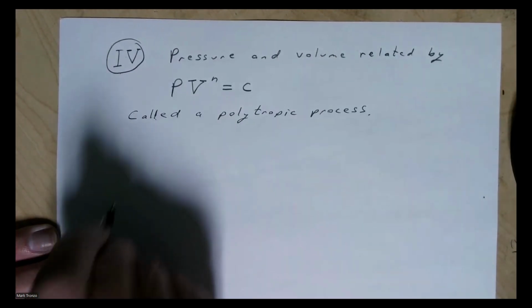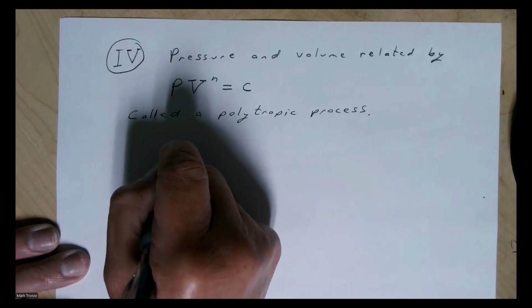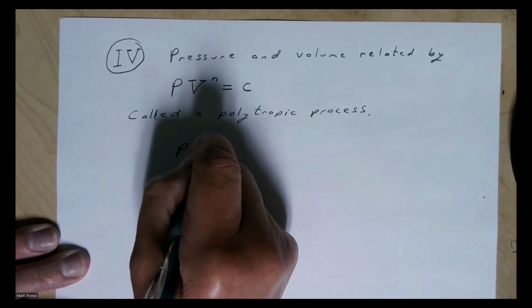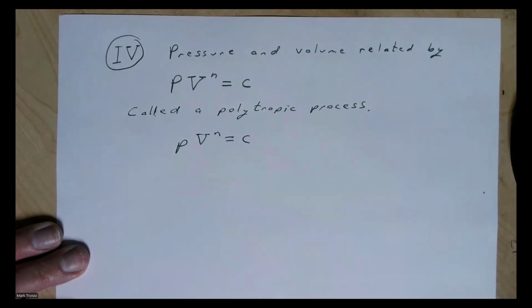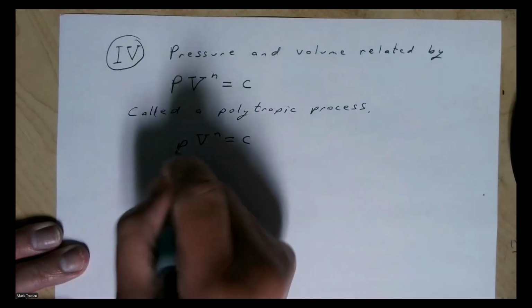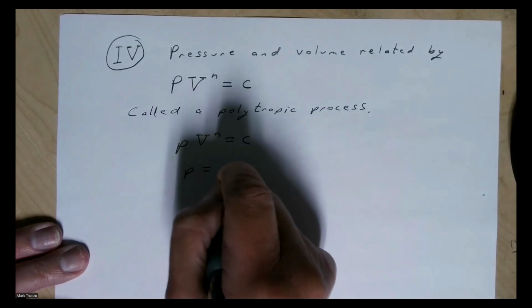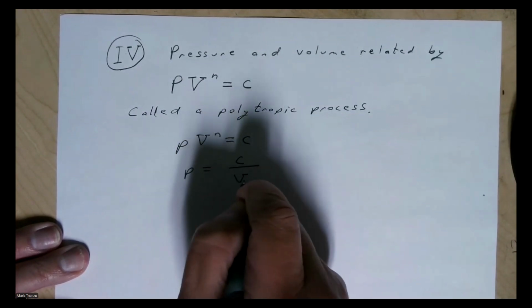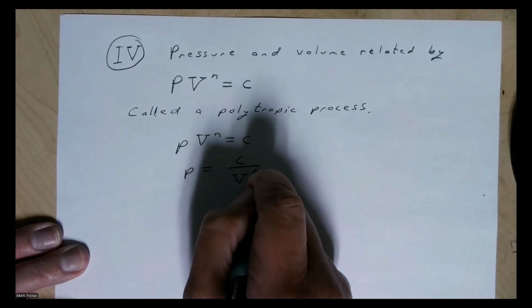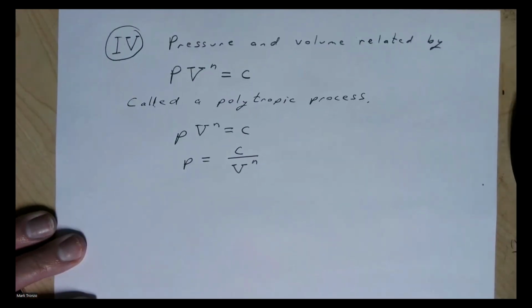And again, let's see how we can handle work in the case of a polytropic process. PV to the N equals C. Once again, we want to solve for P, similar to what we had before.